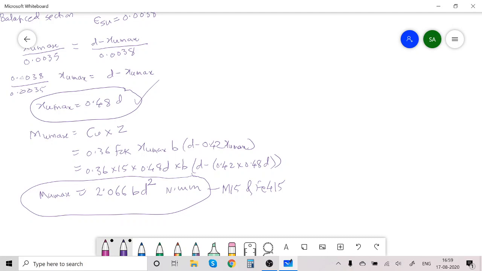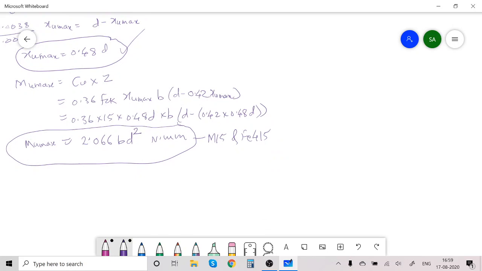Now this is constant for M15 and Fe415. If you know the values of b, suppose b is 300 mm and effective depth is say 500 mm, then after substituting these values in this equation, you will directly get the value of Mu max.